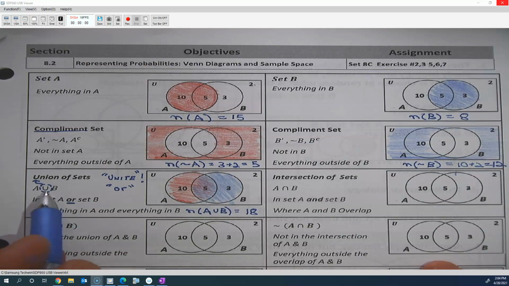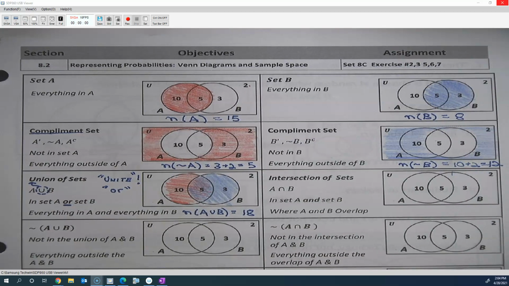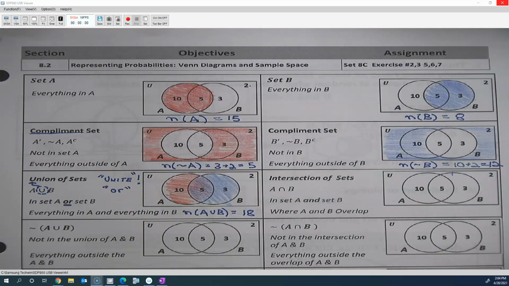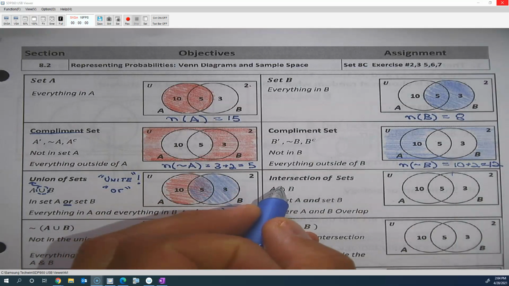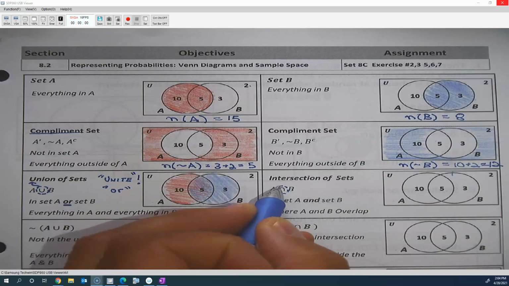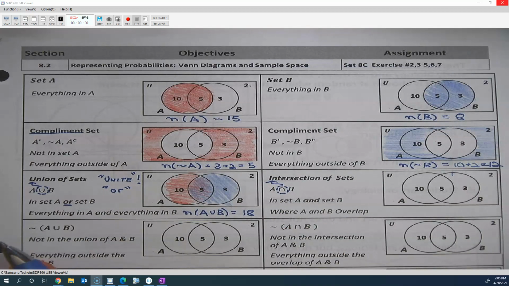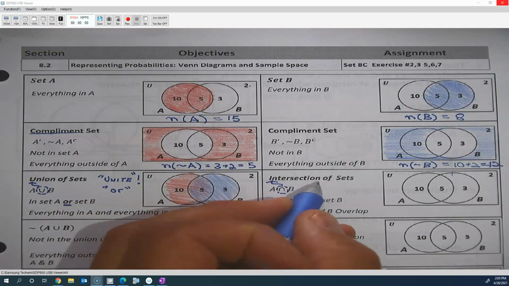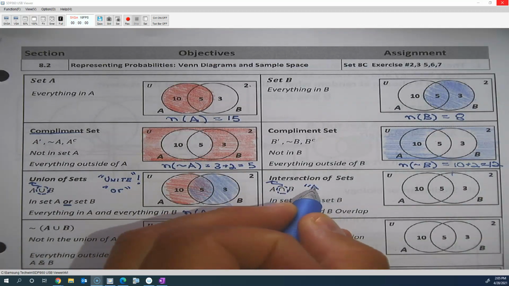So just think, when you see a U, think of uniting. You're uniting forces. And when the U is upside down, that represents the word intersection, and that is associated with the word and.